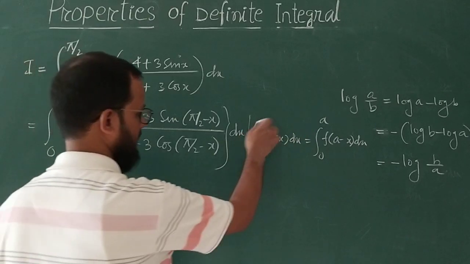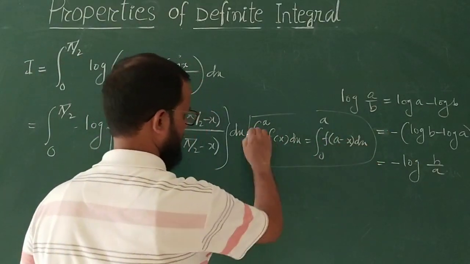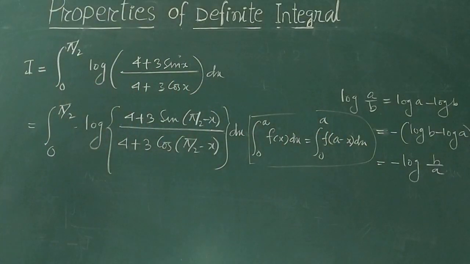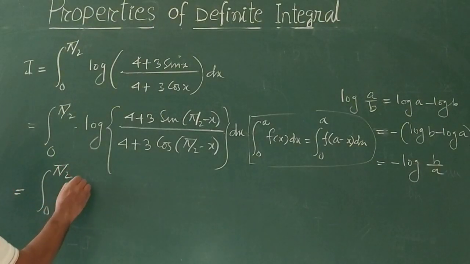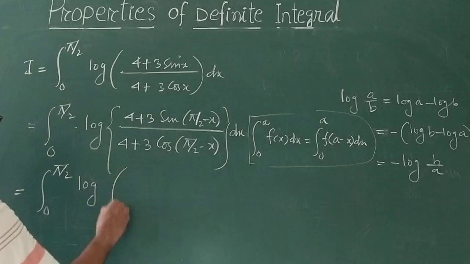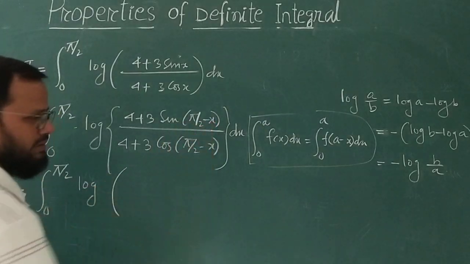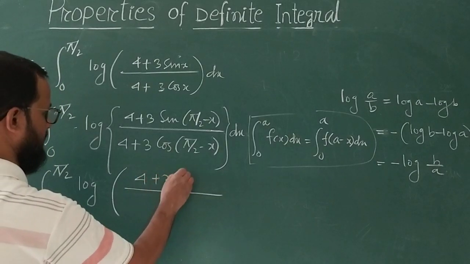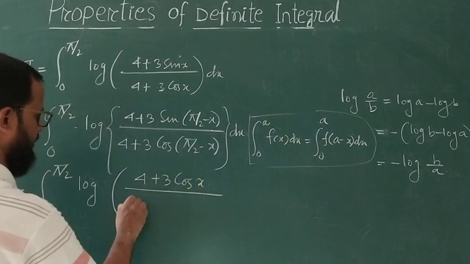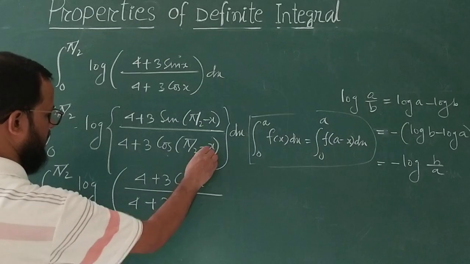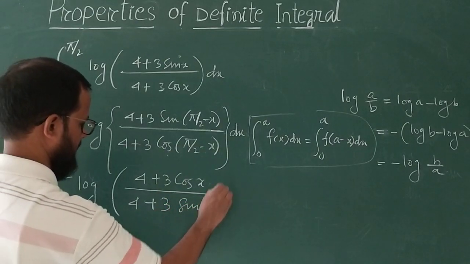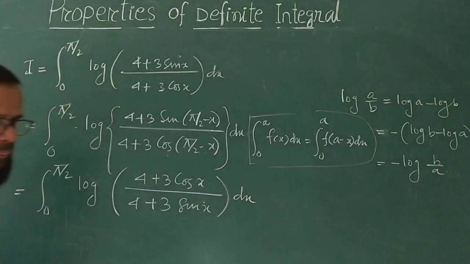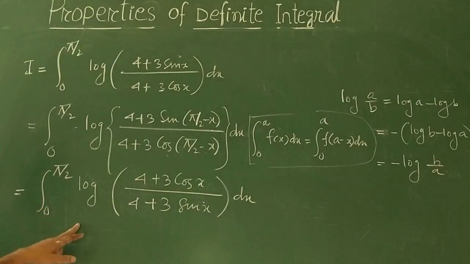Since this is the property, you have to apply it, which equals 0 to pi by 2 log of 4 plus 3 cos x, since sin (pi by 2 minus x) is cos x, divided by 4 plus sin x, since cos (pi by 2 minus x) is sin x. Okay, so this is your I.